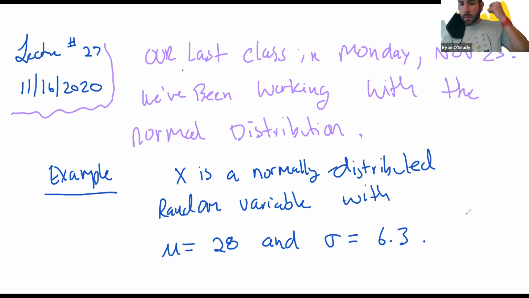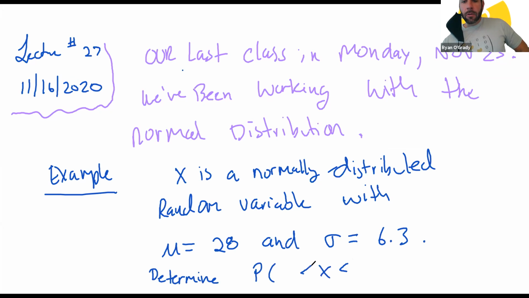What we'd like to do is determine the probability that X is between, let's say, 23 and 27.